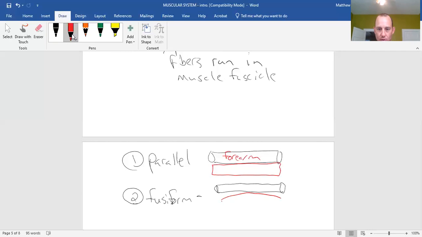So the pattern is still the same, but the muscle narrows at the end. In other words, the muscle is thicker in the middle than at the end. Your biceps, your triceps are really good examples of those.